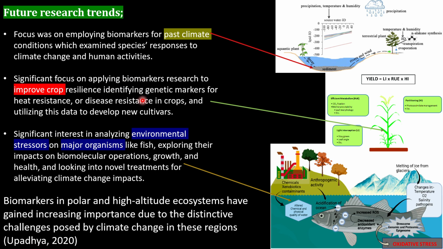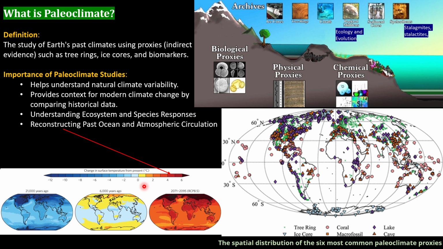They are also used to study soil strains, which helps improve crops, and the marine environment, mostly focusing on organisms like fish to explore biomarker operation, growth and health, and looking for treatments for those affected by climate change. Biomarkers in polar and high altitude ecosystems have also gained increased importance due to the distinct challenges posed by climate change for organisms in these regions.